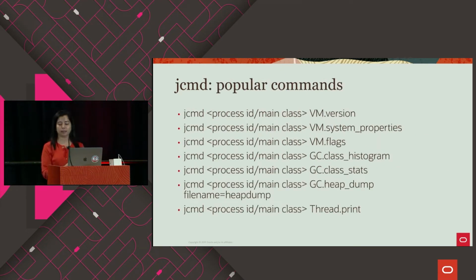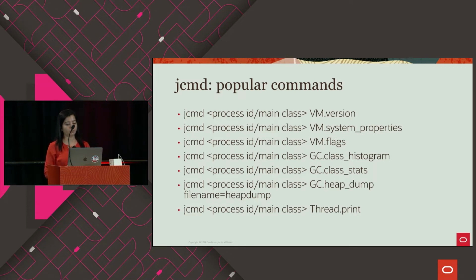Some of the popular commands that can be used with jcmd: we can obtain information about the VM that we are connected to. For that, we can use VM.version, VM.system_properties, and VM.flags. These show us the version of the VM we are trying to monitor, the values of system properties in that VM, and the values of JVM flags.